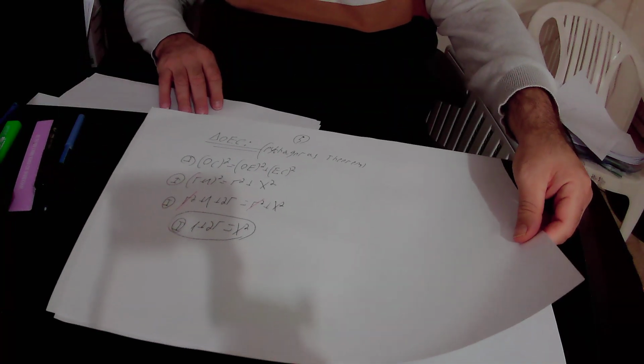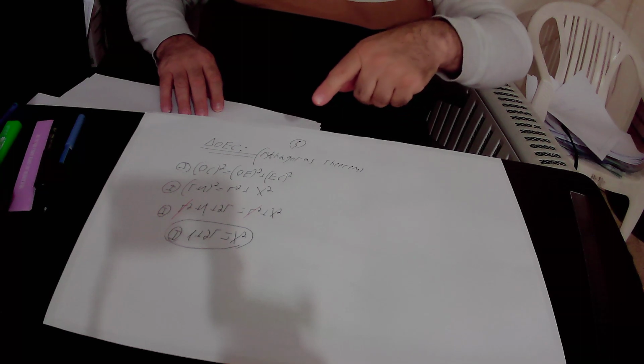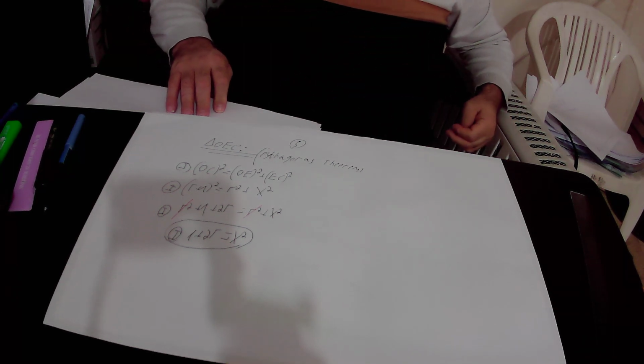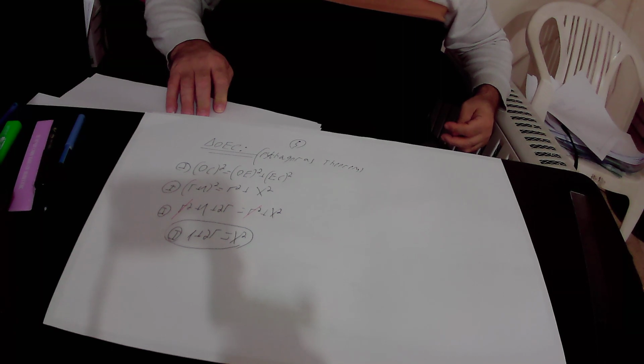According to the Pythagoras theorem, the square of the hypotenuse equals the sum of the squares of the perpendiculars in any right triangle. I repeat again, in any right triangle, the square of the hypotenuse equals the sum of the squares of the perpendiculars.